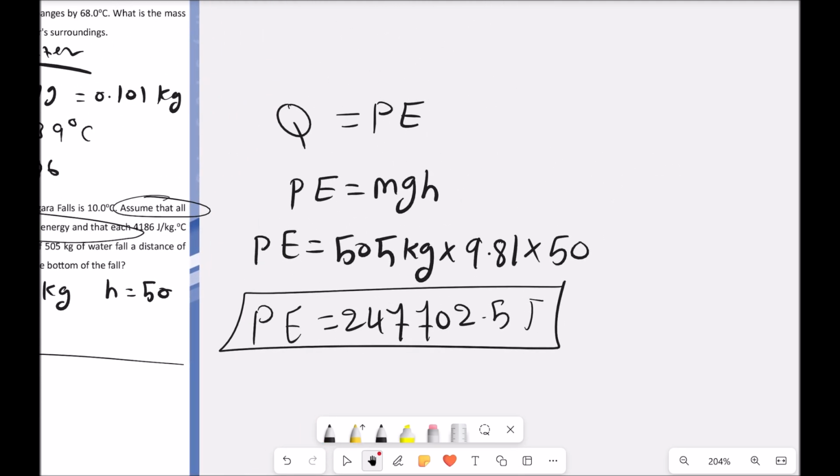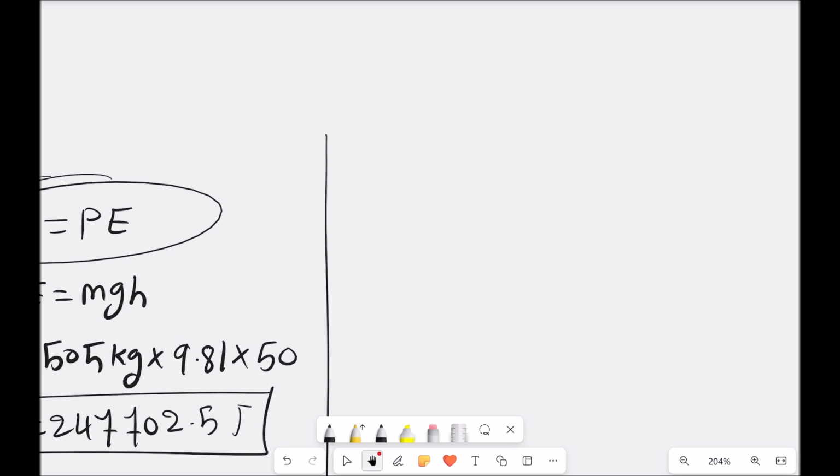Here we said that heat is equal to potential energy. Why? Because all the potential energy is transforming into internal energy. So what we are going to do here, we're going to say Q is equal to Cp of the water times its mass times the change in its temperature.